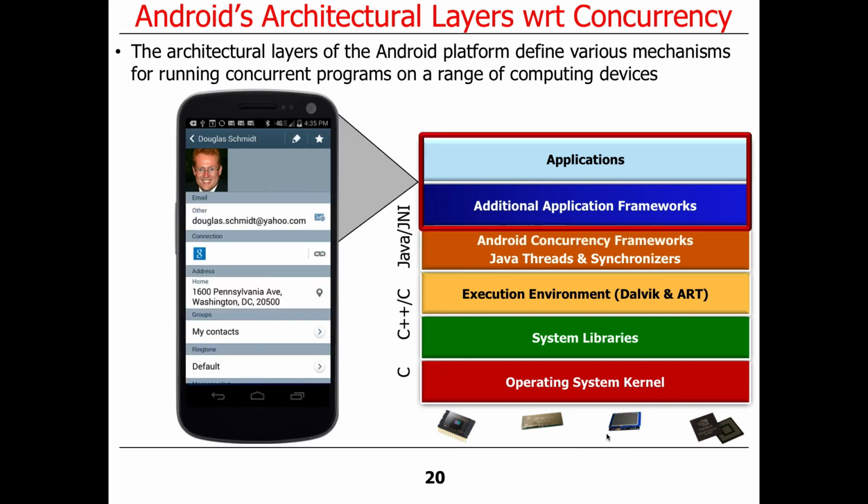And then finally, we've got the application level stuff, which reuses everything that comes underneath it. And so there's not a lot of concurrency provided at this level, but it's leveraging the concurrency frameworks and mechanisms at all the layers that come underneath it. Mostly accessed, of course, through the Android runtime classes.